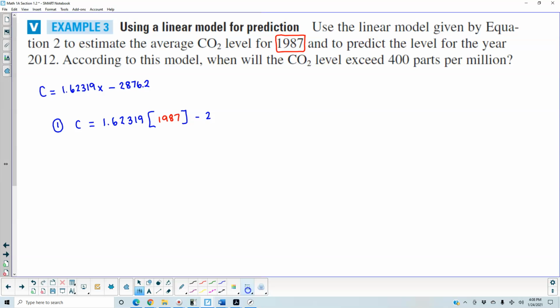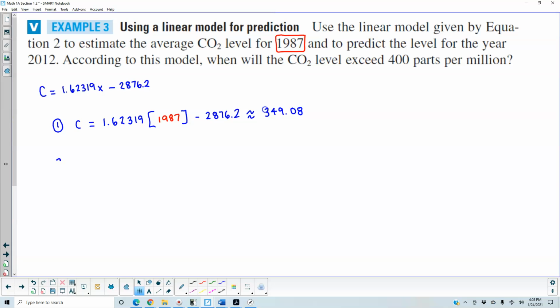And then subtract 2876.2 to give us approximately 349.08. And again, that's the average CO2 level.